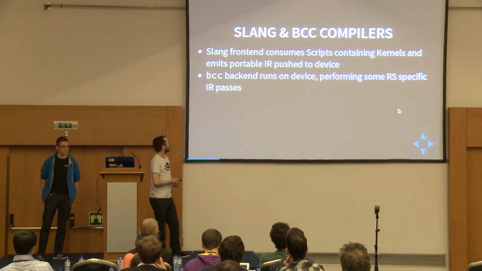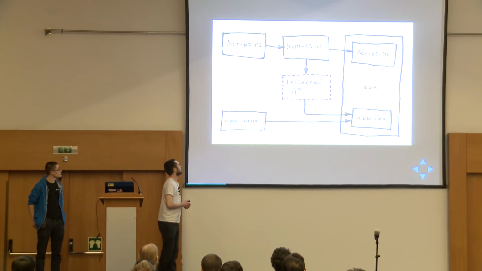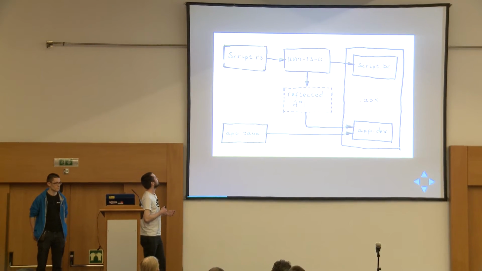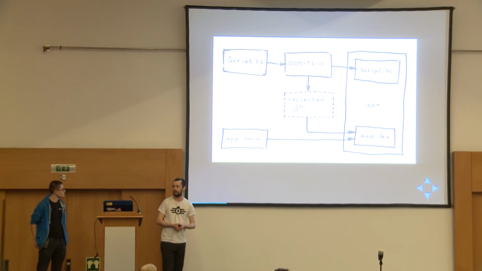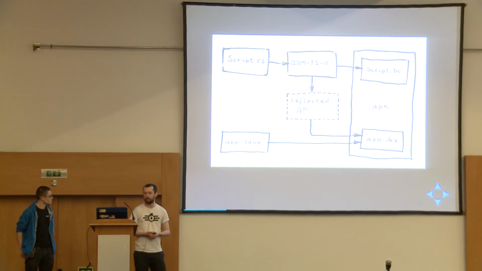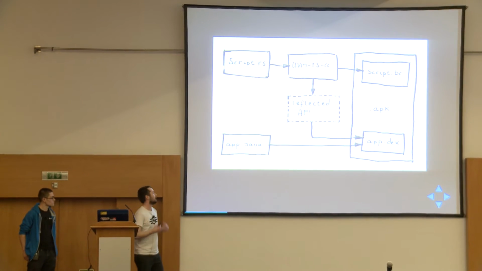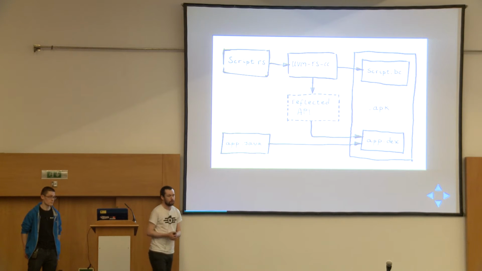Well, the primary reason for that is that we have this reflected API. We might have a script.rs, which defines some user data, and the Java application that launches that RenderScript will actually get access to all of the objects defined in it. So what are those objects?